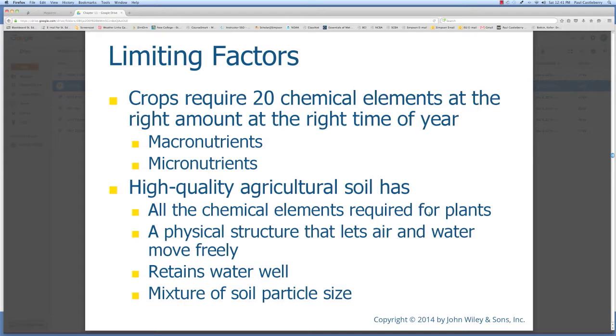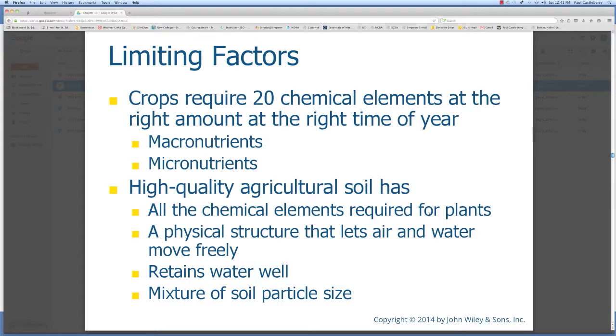Now, in terms of high quality agricultural soils, like what we have here in the Midwest, all the chemical elements required are available, and in the right amounts. We also need a physical structure that lets air and water move freely. We talked about soil just a moment ago.